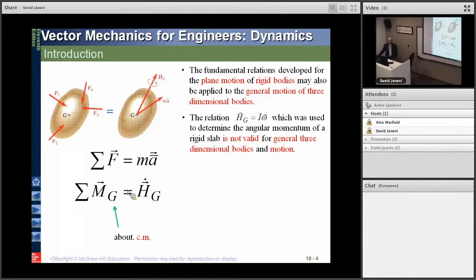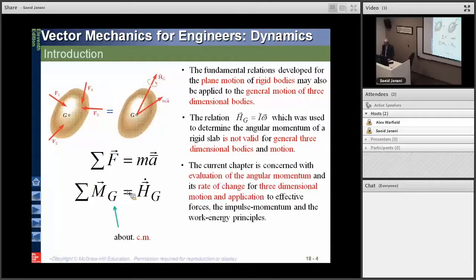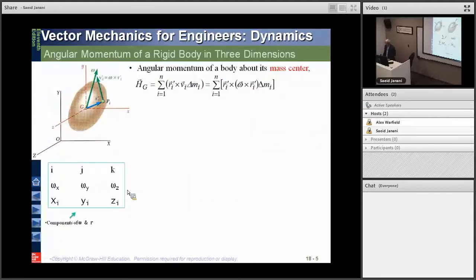So the summation of torques equals H dot about point G. Angular momentum in 3D.